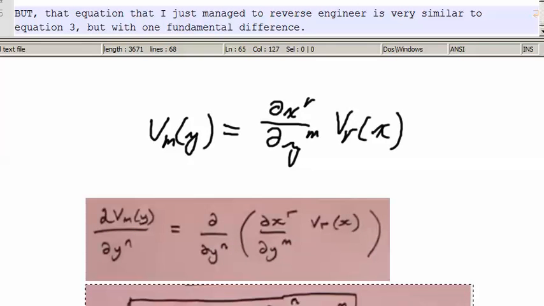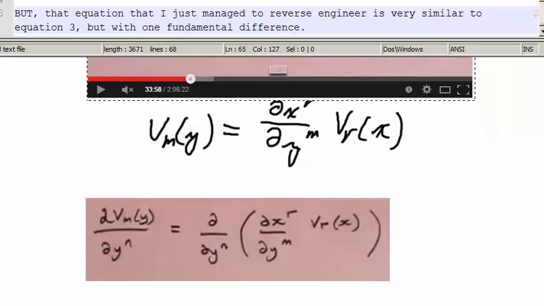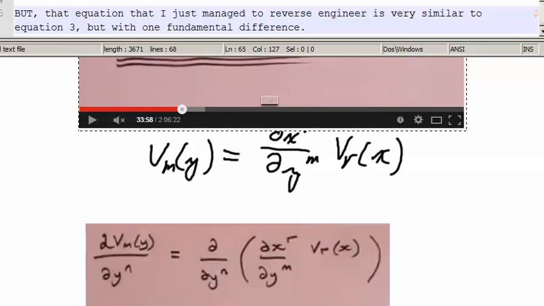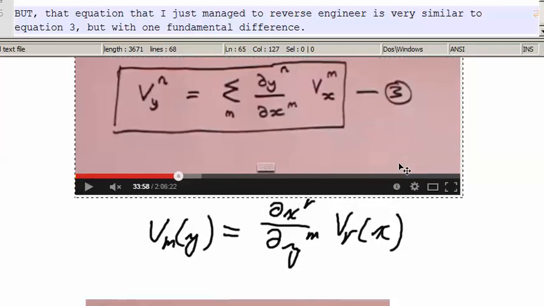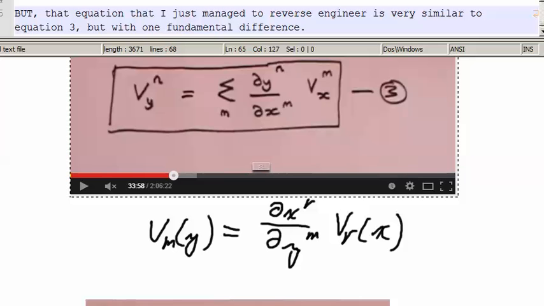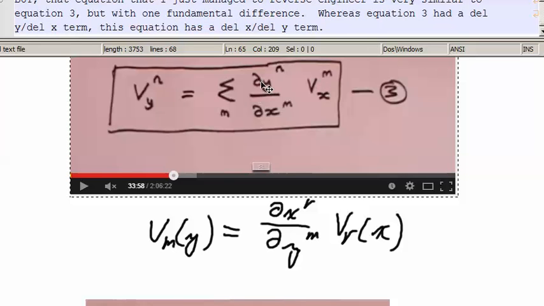But that equation that I just managed to reverse engineer is very similar to equation 3, but with one fundamental difference. Whereas equation 3 has a del y del x term, this equation has a del x del y term.